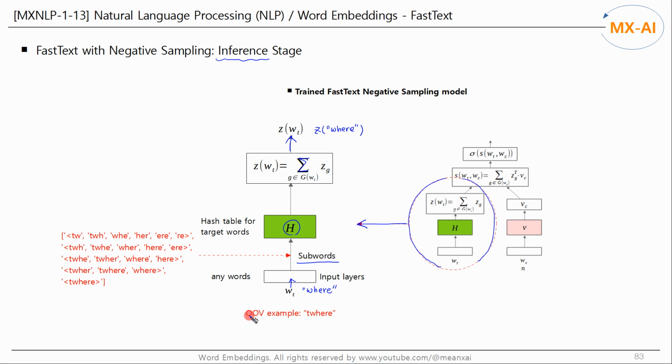Even if we input an out-of-vocabulary word such as twere, the model still decomposes it into subwords and generates an embedding vector for it. Even though the word itself does not exist in the vocabulary, the model can still infer a meaningful vector representation.